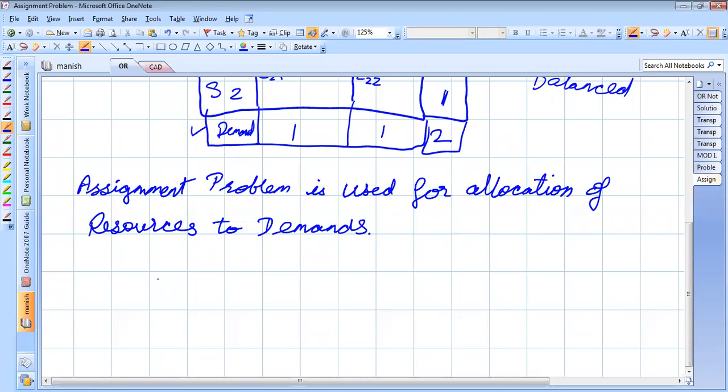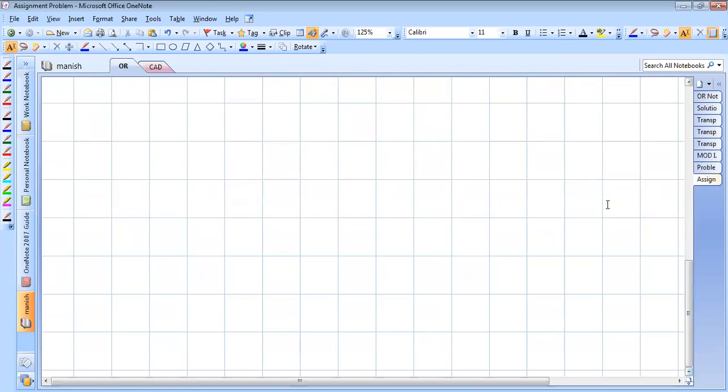Okay, so instead of having a transportation matrix, what we will do here is we will write like this.